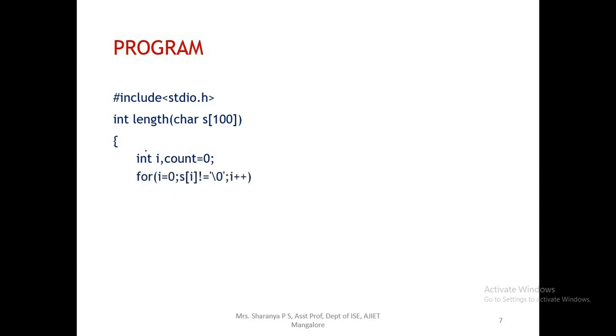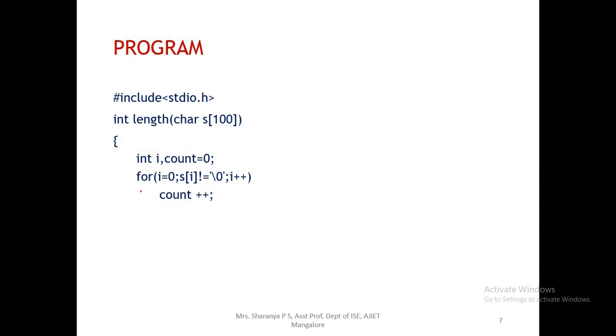Now what is the main concept here? The logic used here is that we start with index i, and we keep checking, processing through each character present in the string till it reaches the null. And when it processes each character, it has to increment the count value.